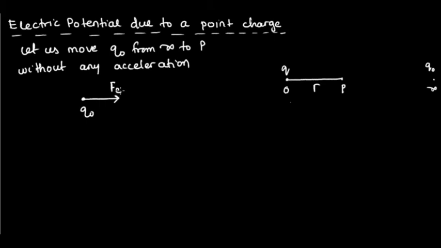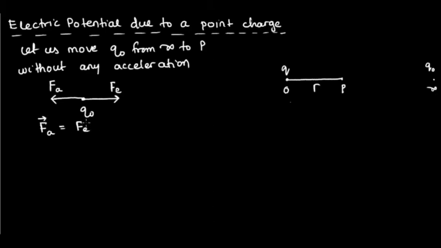So in order to move it without any acceleration, we must ensure that the net force on the charge Q naught is 0. And we have to apply another force which is equal in magnitude but opposite in direction to the electric force. So the applied force Fa should be equal to Fe, and both of them will be in opposite direction.